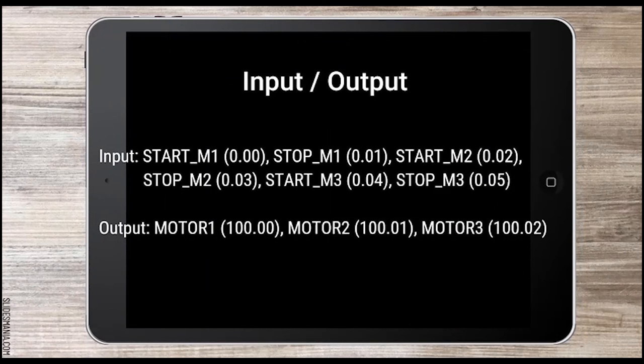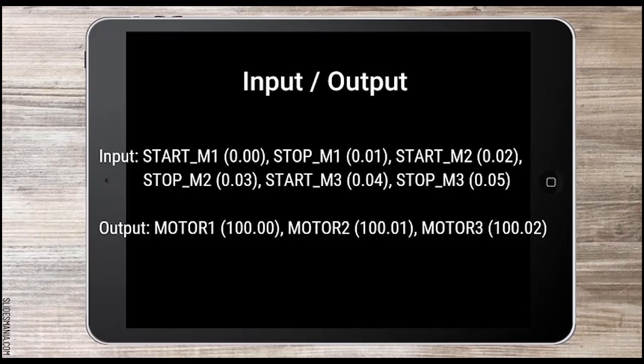The input and output for this application are, for input, start push button motor 1, the operand is 0.00. Stop push button for motor 1, 0.01. Start push button for motor 2, 0.02.